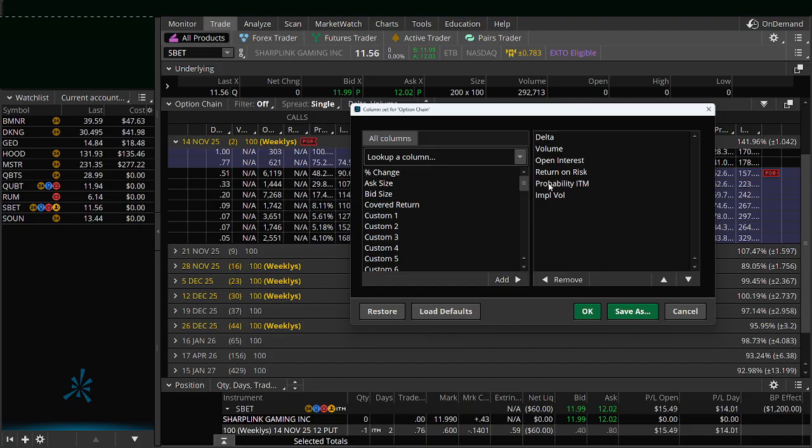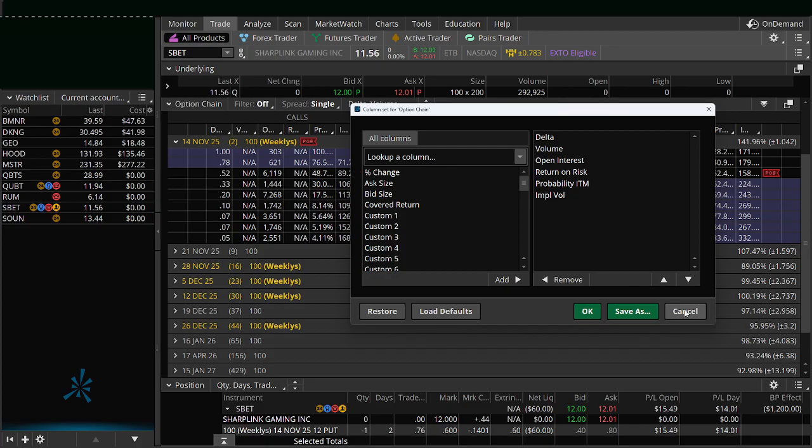The only columns that I have activated are going to be delta, volume, open interest, return on risk, probability in the money, and implied volatility. For the way I trade, these are the only ones that really matter. You can make an argument for or against having volume and open interest, but mandatory are delta, return on risk or ROR, probability of in the money, and implied volatility.